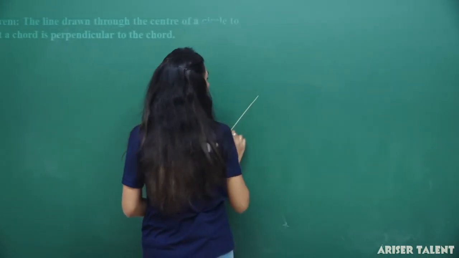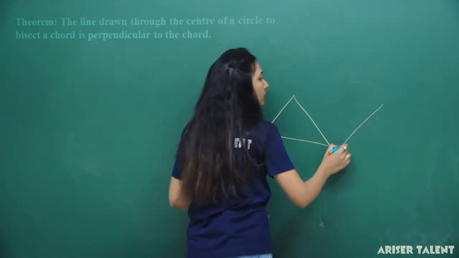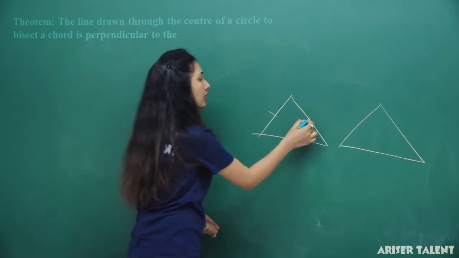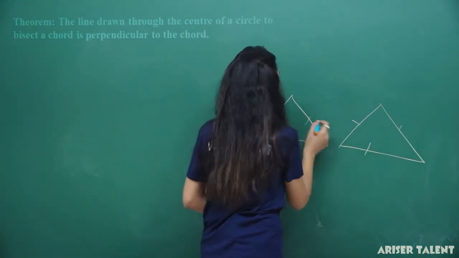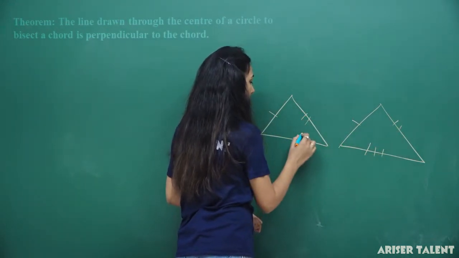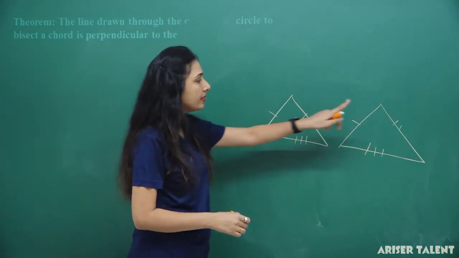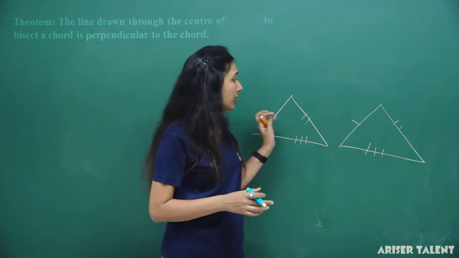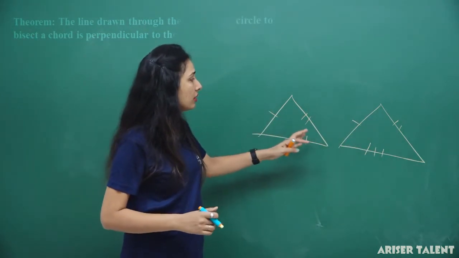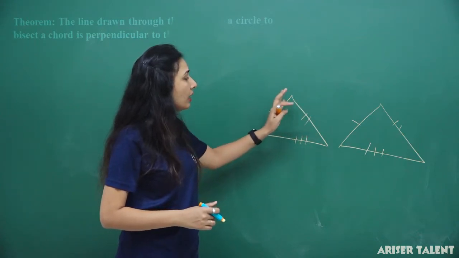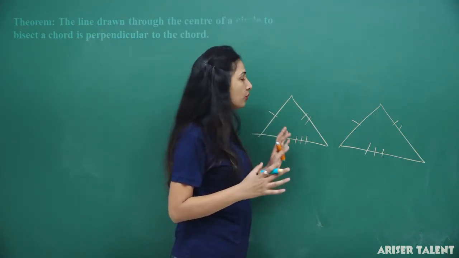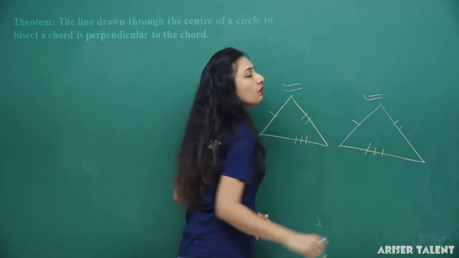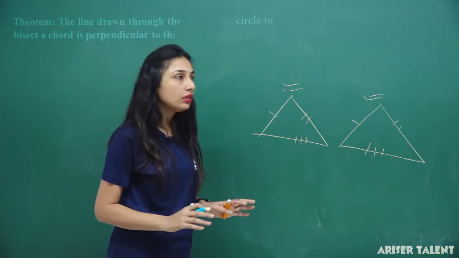Okay, so basically this you know, that if you are having two triangles and these three sides are equal to these three sides, that means this side equals this side, this side equals this side. That means each and every side of this triangle has to be equal to each and every side of this triangle. If you are able to prove that, that means this and this triangle are what? Congruent to each other. This theory works.